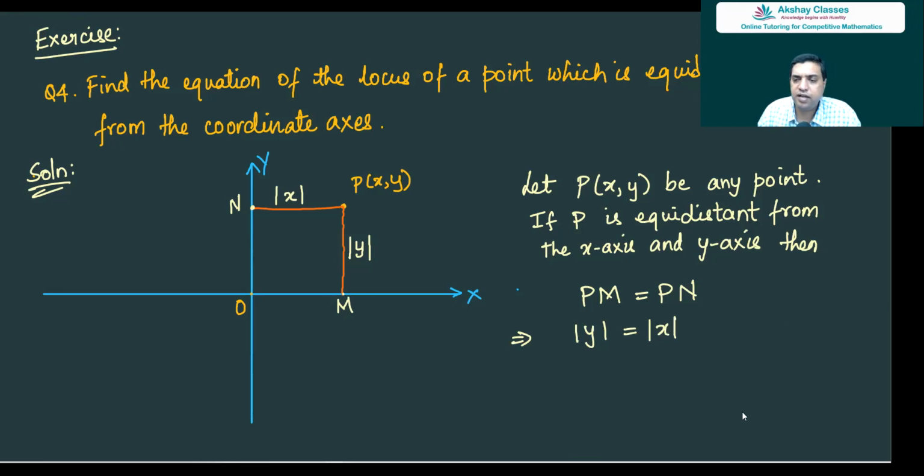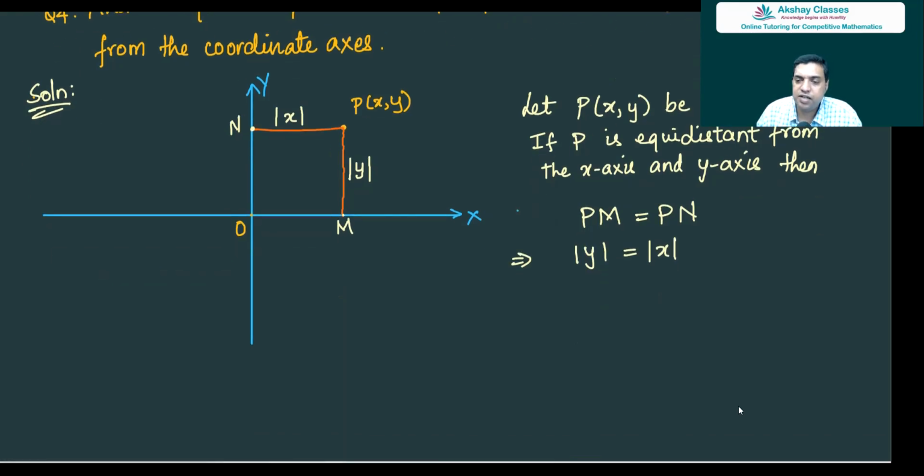Now mod y equal to mod x, which means either y is equal to x or y will be equal to minus x. So when you remove the mod, let's say y is equal to 2, then x can also be 2 or x can be minus 2.